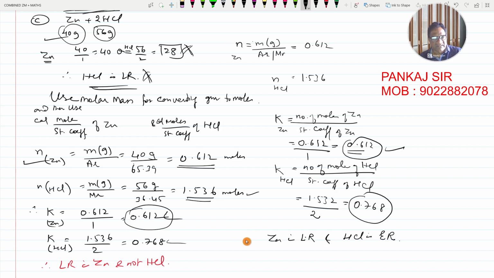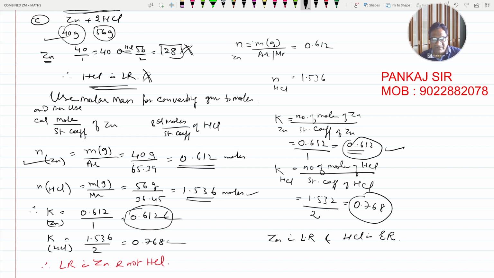Okay, so now we have got a good drill and a good idea of deciding which reactant will be limiting reactant and which will be excess. Don't go by only simple ratios, simple formulas. You have to go deep into that.